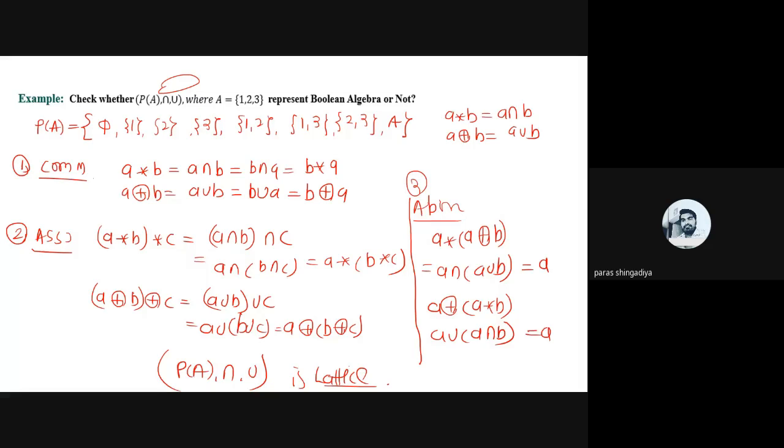It is a lattice now, and now let us check the commutative lattices. So first we require the 0 and I element. What is the 0 element in the P of A? That is equal to phi.